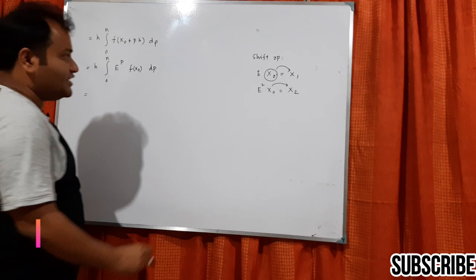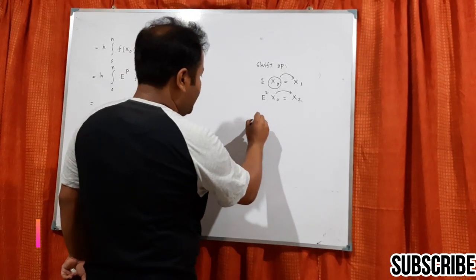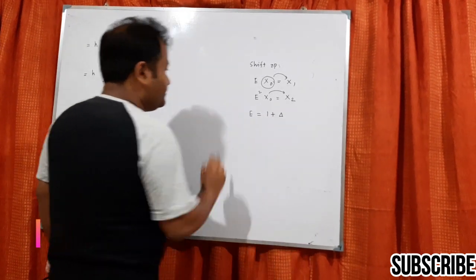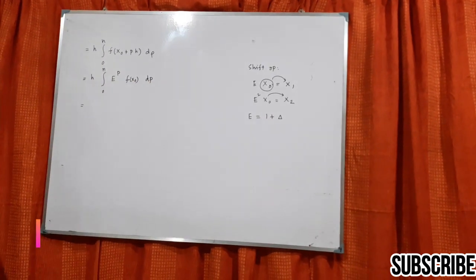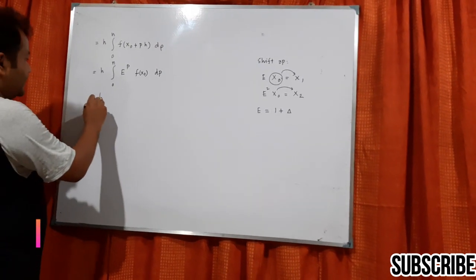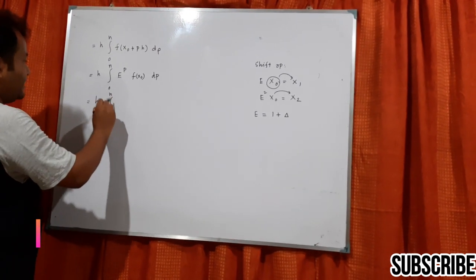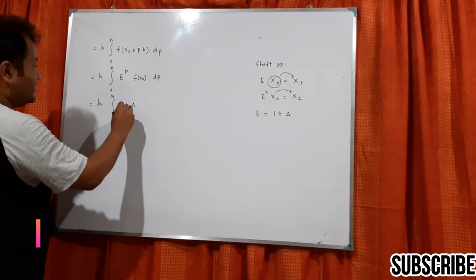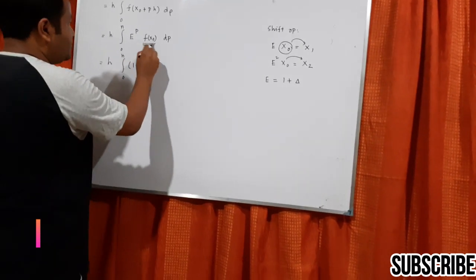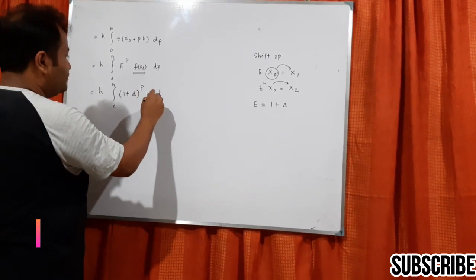Again we know one relation between the shift operator and the forward difference operator: E equals 1 plus delta. So this can be written as h times the integral from 0 to n of 1 plus delta power p, and f of x naught is y naught, we know from the diagram.